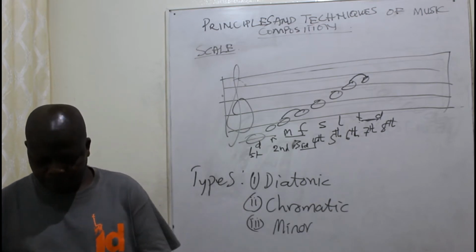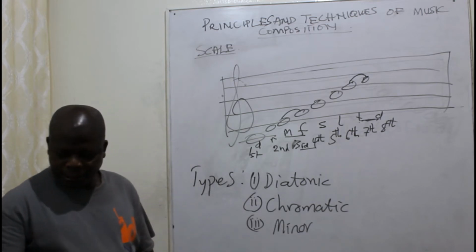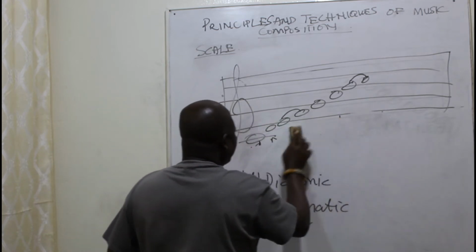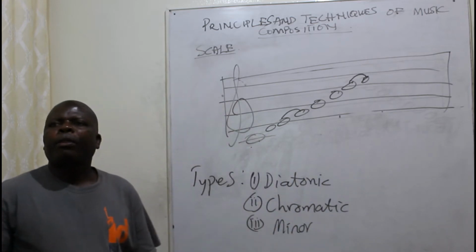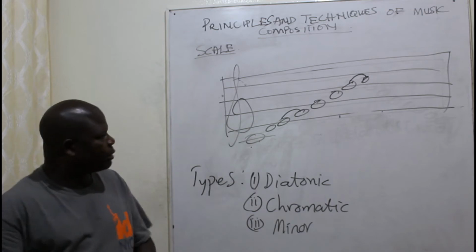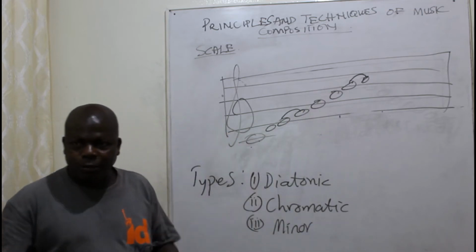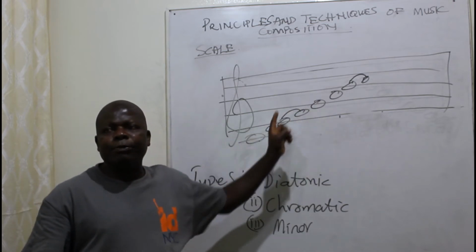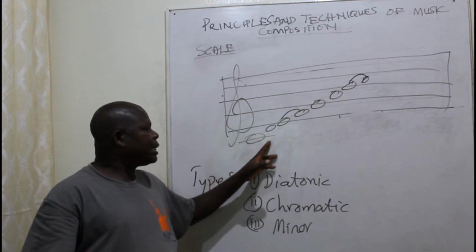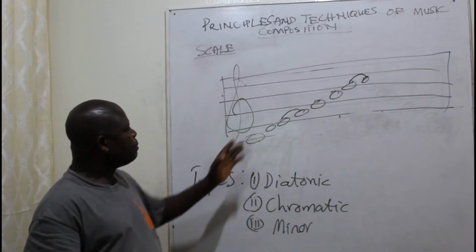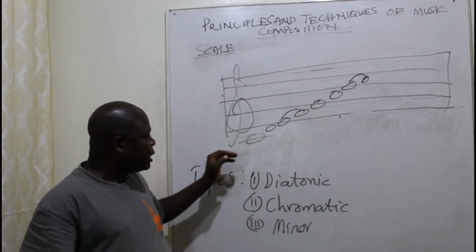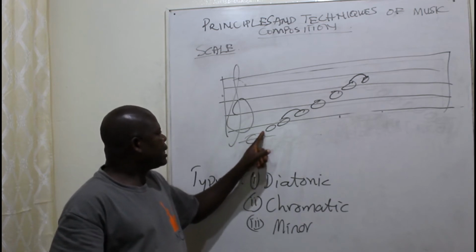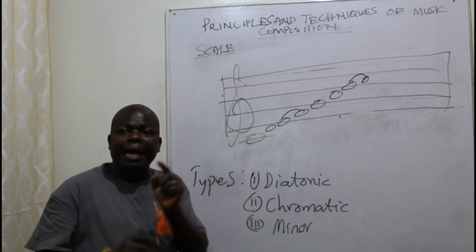Then the chromatic scale. In the chromatic scale, this is when the accidentals are placed. In the diatonic scale there is no accidental. We have already talked about accidentals, so you know them. In the chromatic scale you have accidentals in between the notes. When we say accidental, we are talking about the sharp. You have do, which is natural, but when the sharp is placed against do, it becomes di.